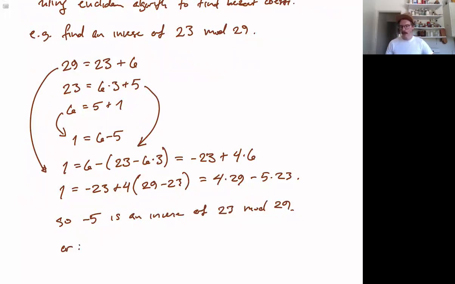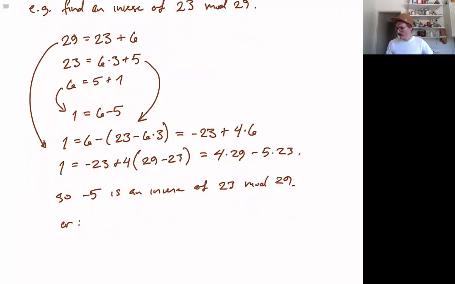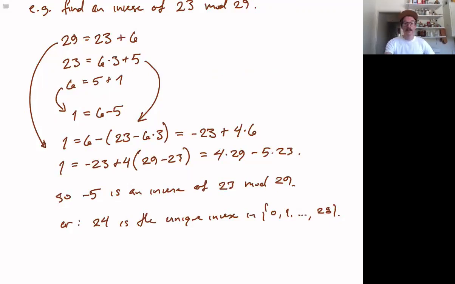Again, we have many inverses because we can get more by adding or subtracting 29. So, for example, we could also say 24 is the unique one in 0 to 28. So this is how we find inverses mod m.